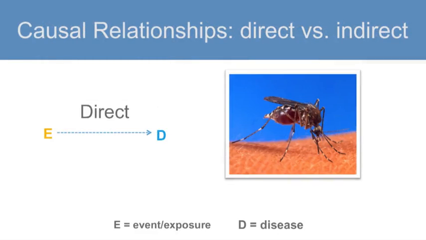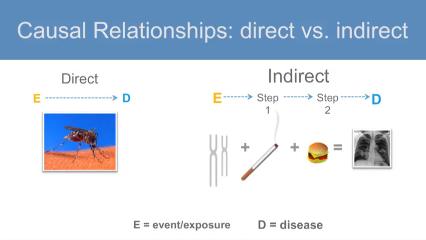There are events that directly cause a health outcome, such as being bitten by a mosquito carrying the malaria parasite and contracting malaria. There are also events that indirectly cause a health outcome as part of a larger process, such as the combined role that genetics, smoking, and diet play in developing cancer.